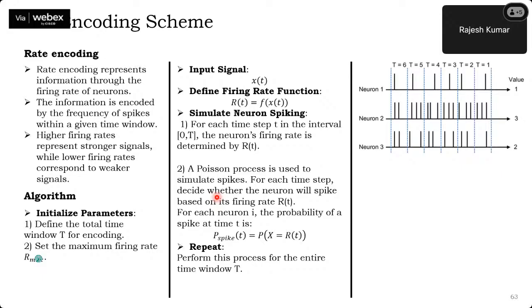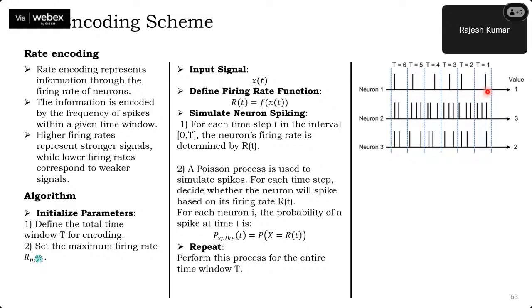So what is the rate encoding scheme? Rate encoding is basically where we fix a firing rate, and then if I know the firing rate, we can convert the signal value to that particular rate. Like you can see here, we divide this whole period into 6 time steps.